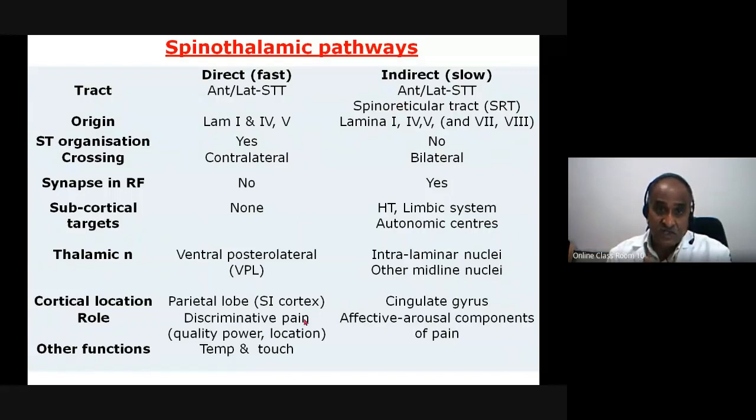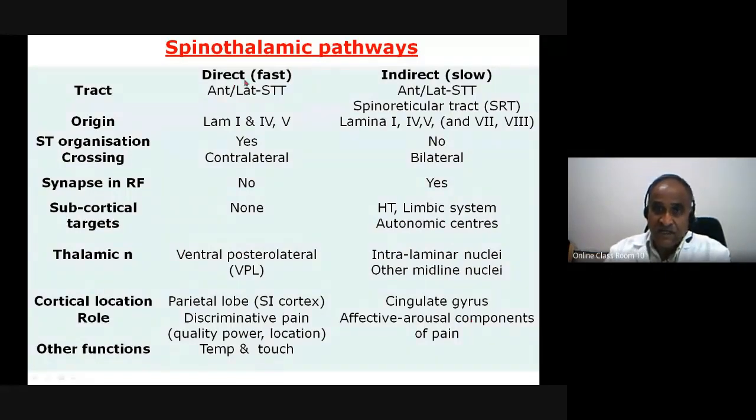That is the role, the discriminative component. Whereas the indirect pathway would be affective, arousal, and it raises a number of emotional responses.